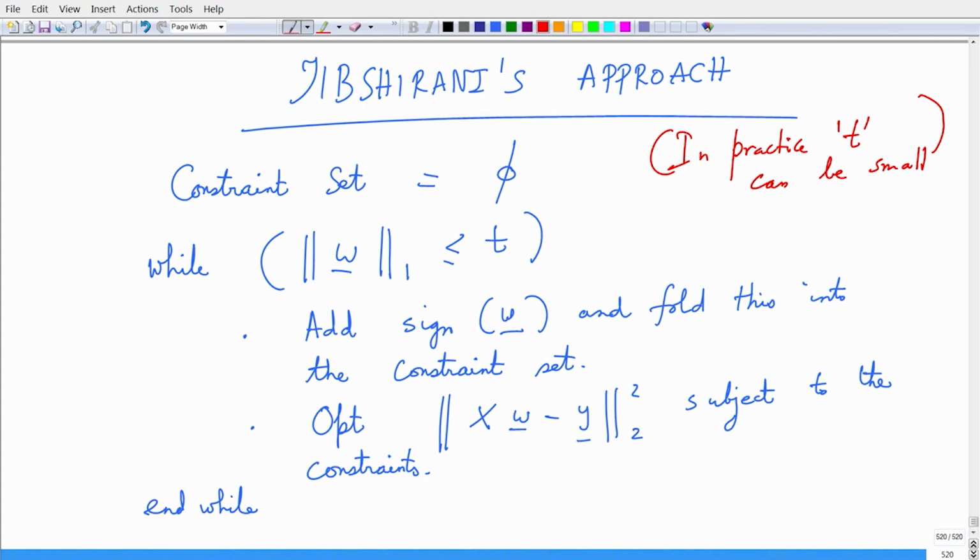As long as the L1 norm is less than or equal to t, you add sign of w and fold this into the constraint set. So, I look at first case as w1 plus w2, and next I keep adjusting these and I optimize on this L2 cost subject to the constraints, and every time I look at all the possible constraints by the sign changes, and then I have to solve for my L2 optimization.